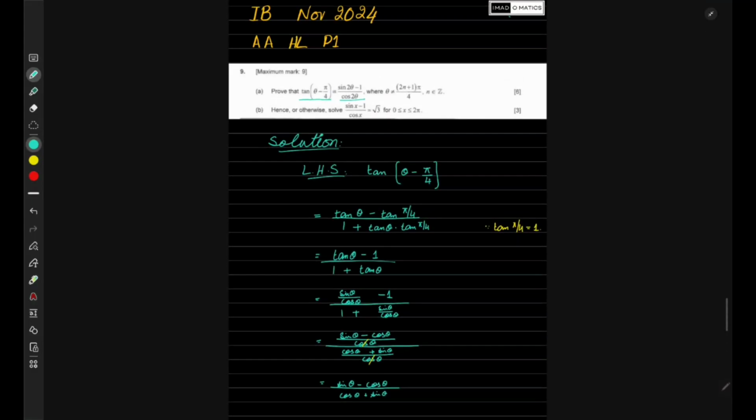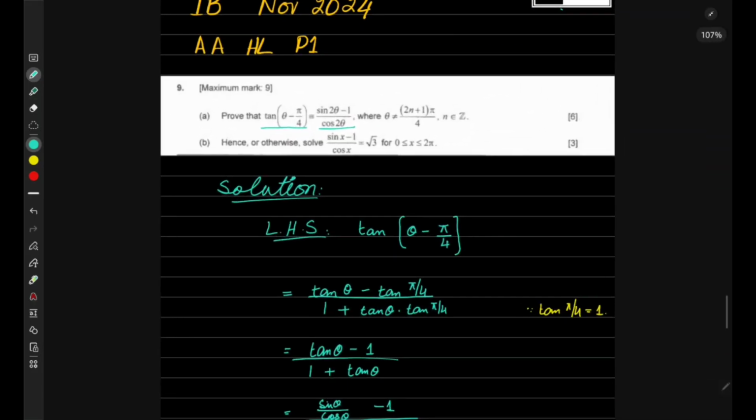Now let's have a look at the second part. Solve (sin x minus 1) over cos x. It is the same term that is defined in part A, but here theta is x by 2.